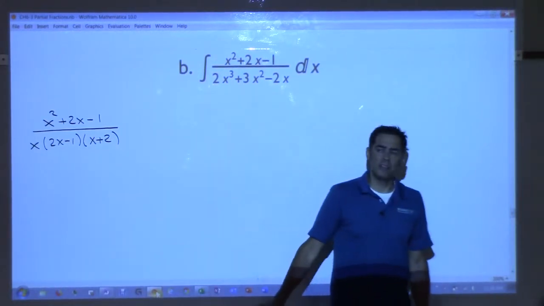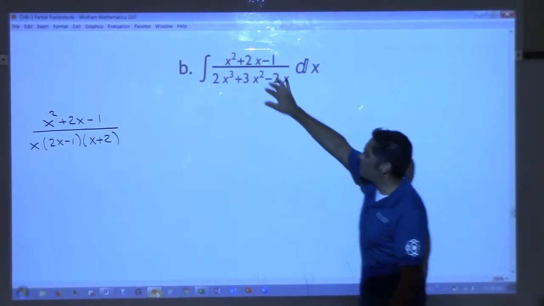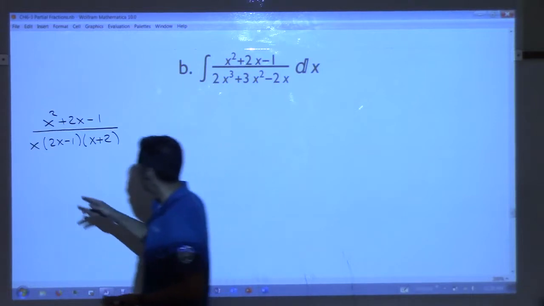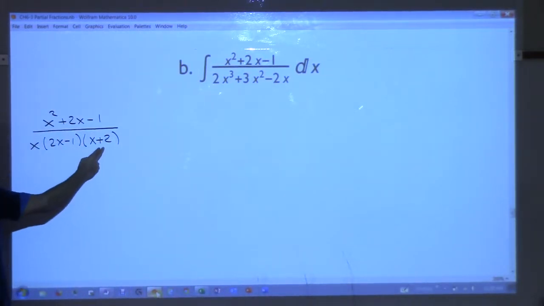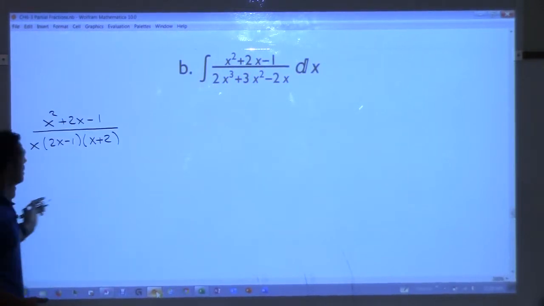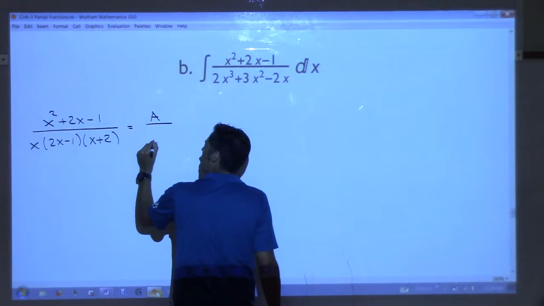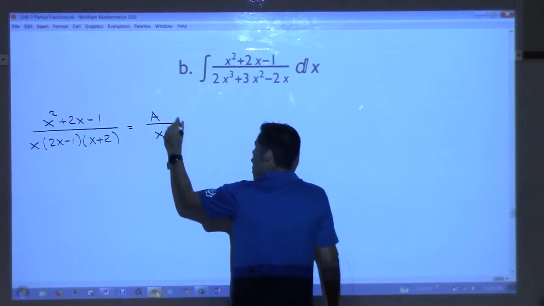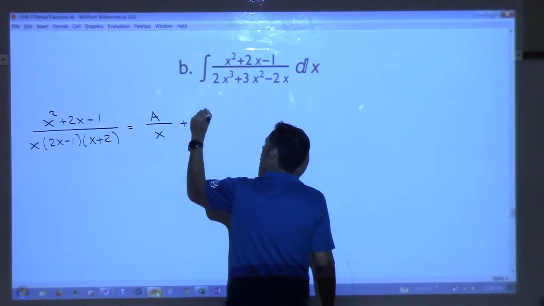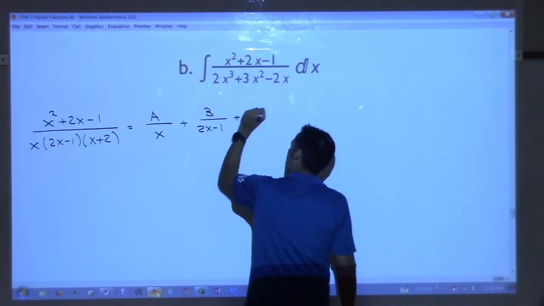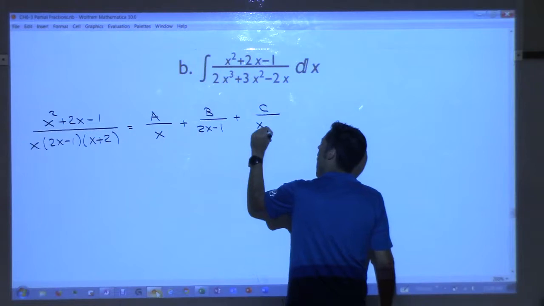We said, okay, this original integrand can be factored that way, and now we're going to use partial fraction decomposition. So we identify that there are 3 distinct linear factors, right? These are all different, and they're all linear. So for each distinct linear factor, I will need to put a constant over the first linear factor plus some constant over the second linear factor plus some constant over the last linear factor.